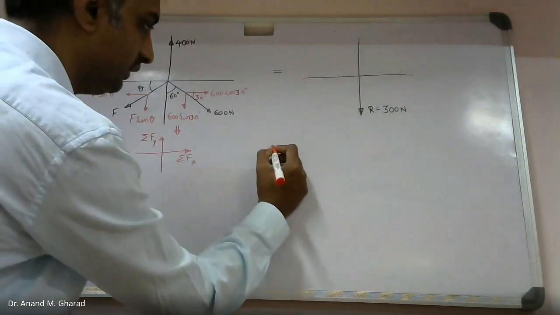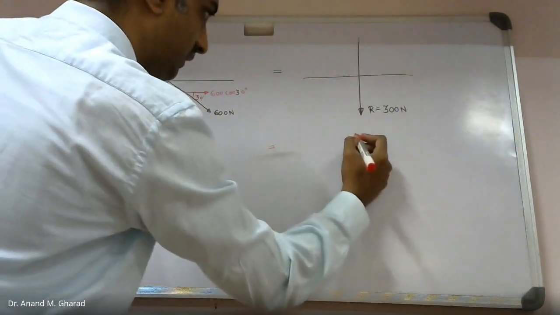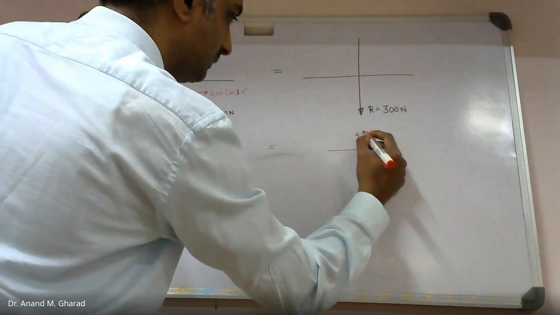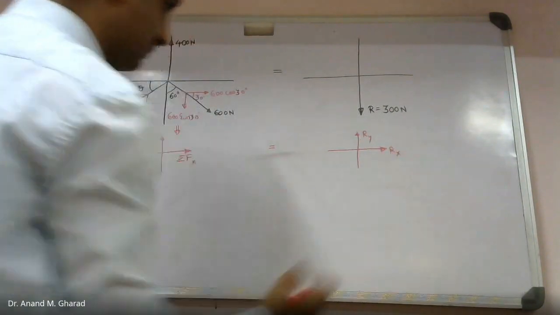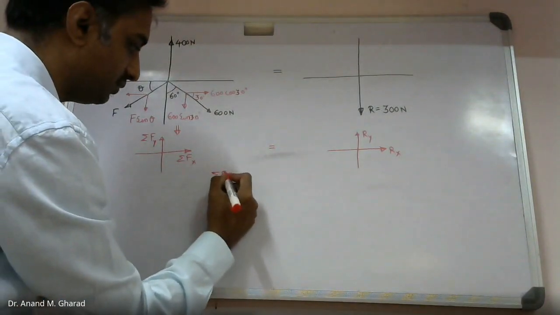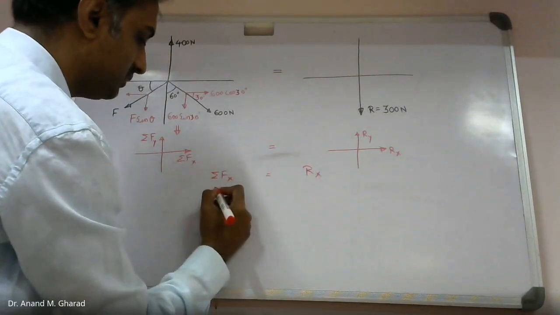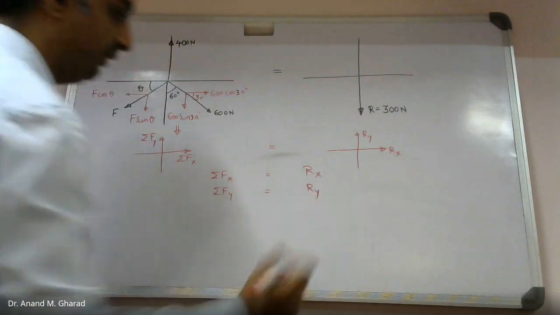Then you are supposed to equate this to the equivalent force system for this. And what will be that? It is Ry and Rx. Or in other terms, summation of force in x direction will be equal to Rx. Summation of force in y direction equal to Ry.